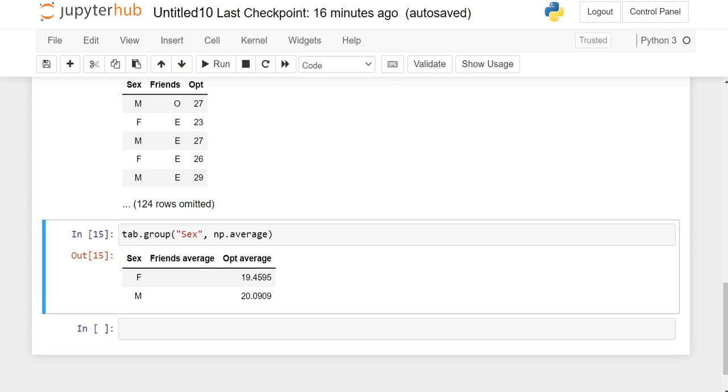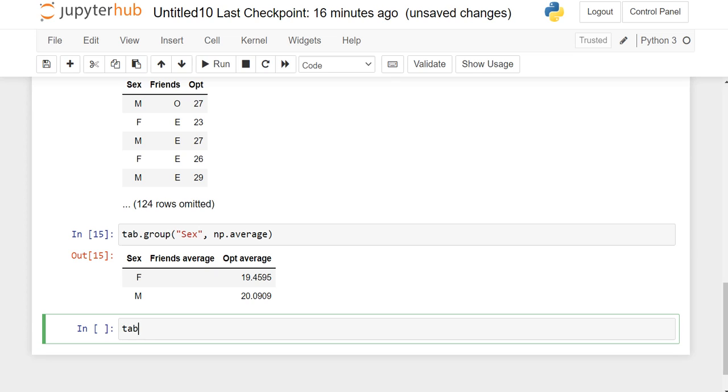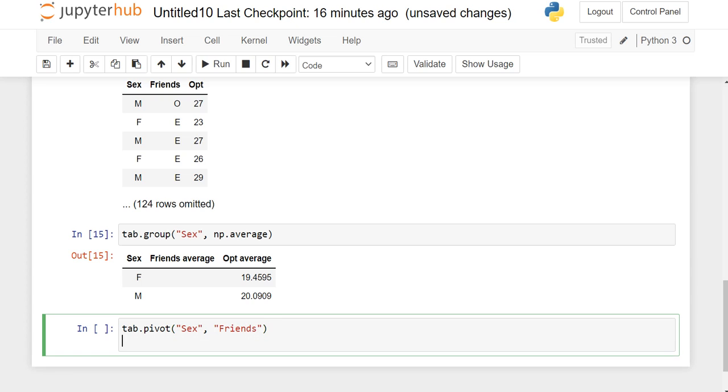Okay, so here's another method we use. This is for two category variables. I can put in the sex and the friends variables, and I want to do a tab show 5 again.